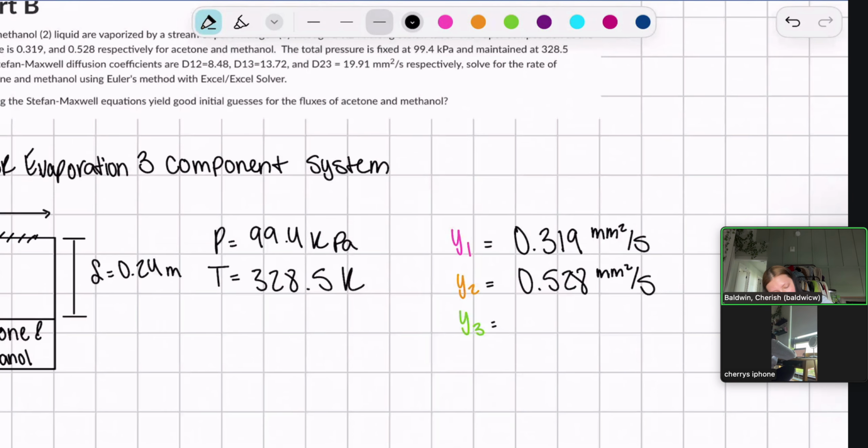And then air is 0.153 millimeters squared per second.